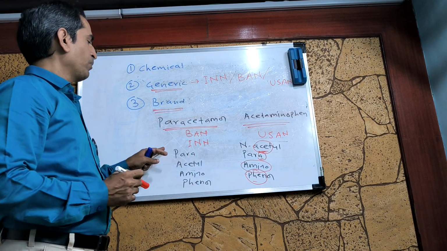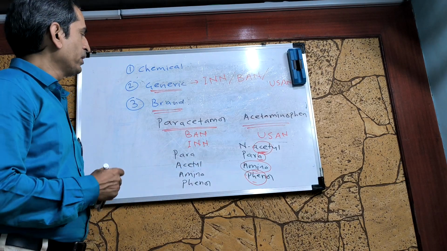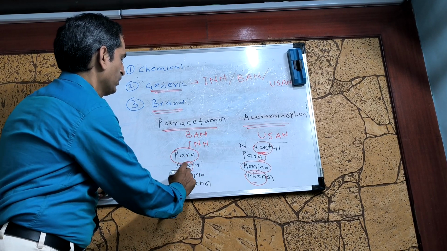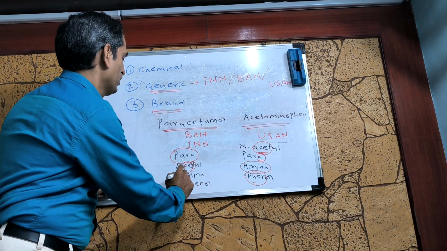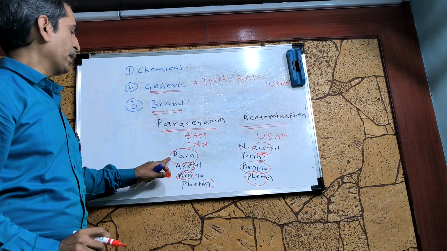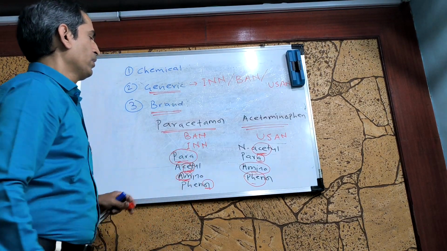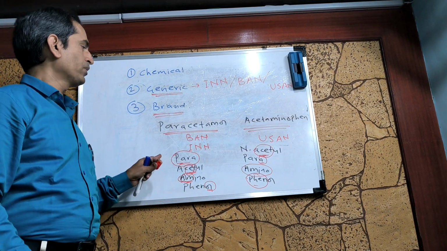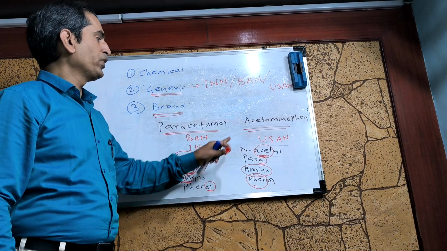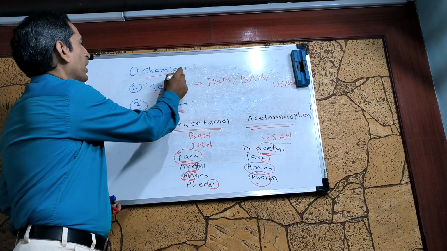Now when you look at paracetamol, which is the British approved name or the international non-proprietary name, it seems that paracetamol is para, cet, am and ol. So paracetamol seems to be derived from para-acetyl aminophenol, and acetaminophen seems to be derived from N-acetyl para aminophenol. So this is how the drug has a chemical name.